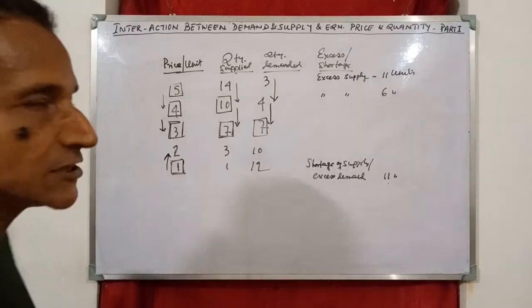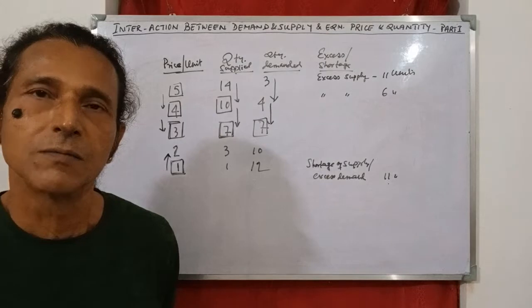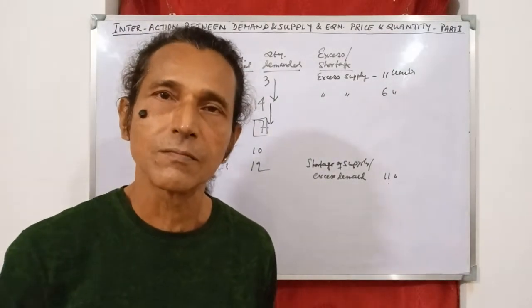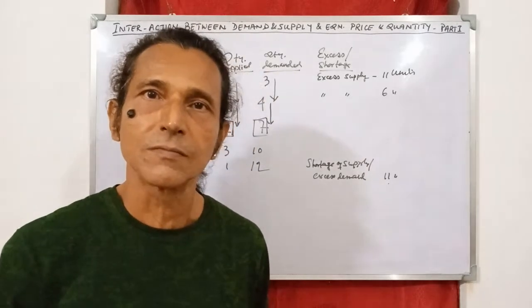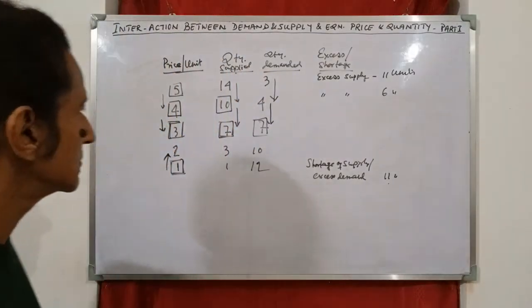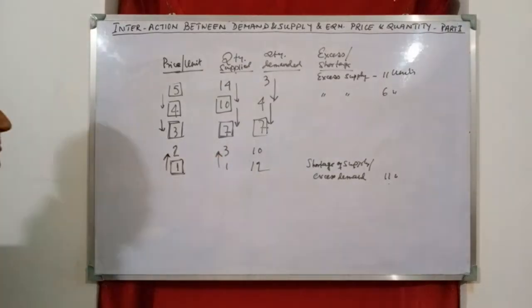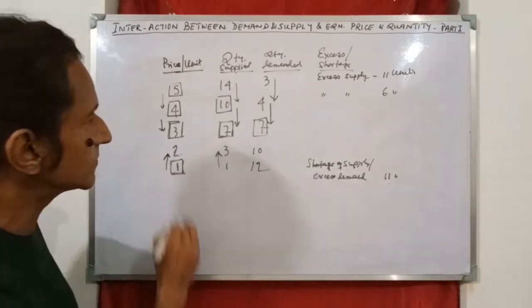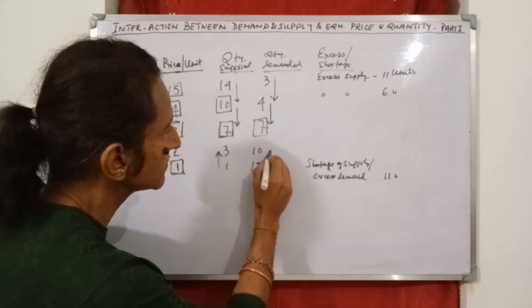As price increased from 1 per unit to 2 per unit, producers will sell more, that is, they will supply more, because more price means more profit if they supply more. So supply increases from 1 to 3. At the same time, since price increased from 1 to 2, quantity demanded has fallen from 12 to 10.